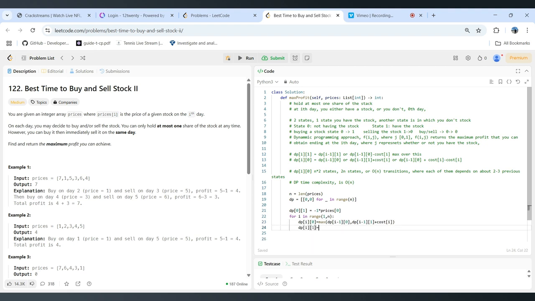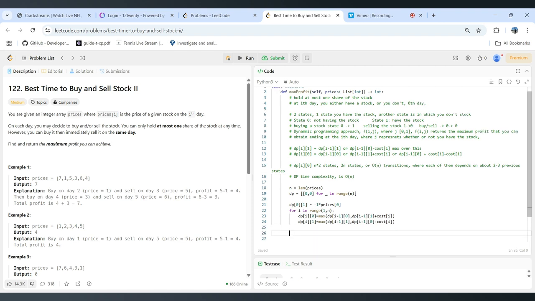And dp of i, 1 is going to be the max between dp of i minus 1, 1 or dp of i minus 1, 0 minus cost of i. So it means that you bought this. Then return the max between dp of n minus 1, 0 and dp of n minus 1, 1.